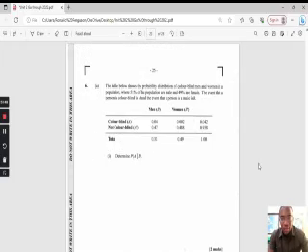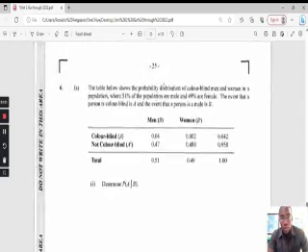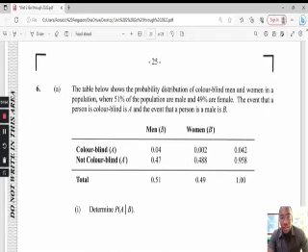Actually, the probability continues in question 6. Now they're asking us to do a conditional probability. The table below shows the probability distribution of colorblind men and women in the population, where 51% is male and 49% is female.